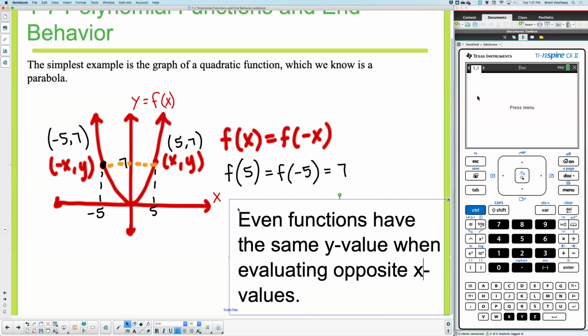So that's what makes a function even: when you have the opposite x values, you'll end up with the same exact y values. Opposite x's produce the same y value. Okay, so that's going to be for even functions.